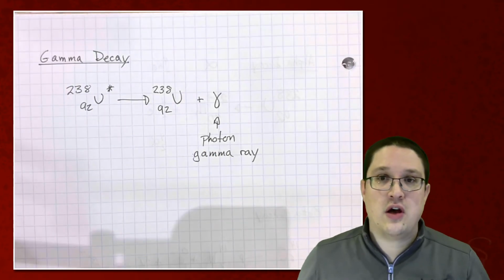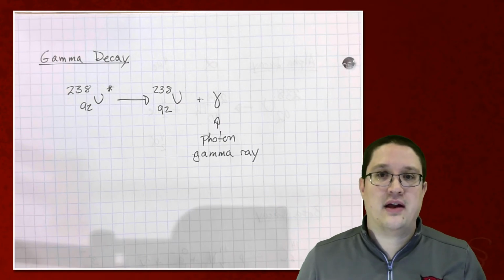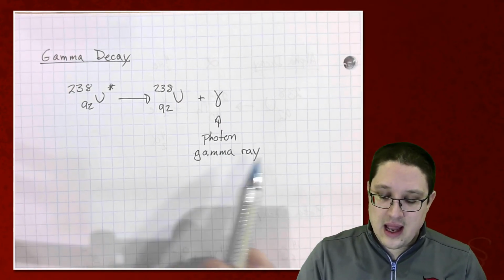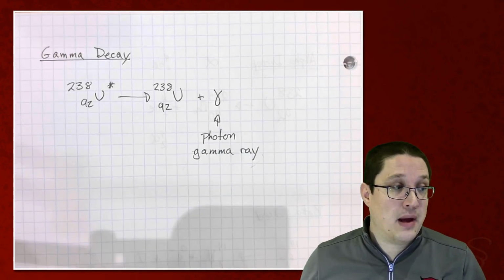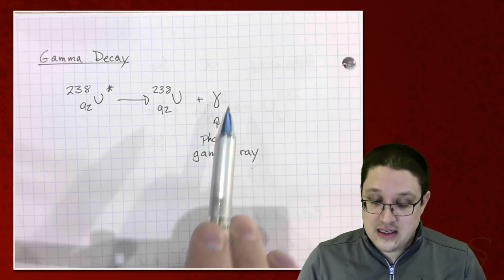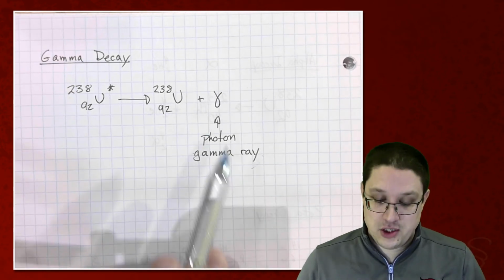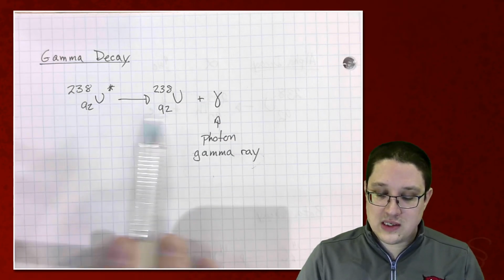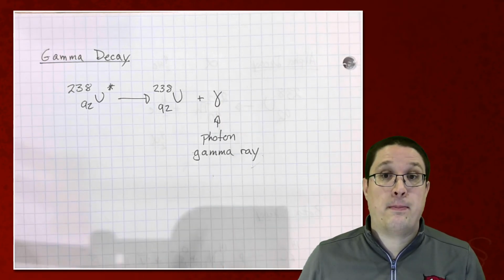A photon is like a little packet of electromagnetic energy. And in this case, it's in the gamma band, so it is very, very high energy. These gamma rays tend to be quite damaging, and they can cause all sorts of interesting effects. But what's happened here is this is not a particle.